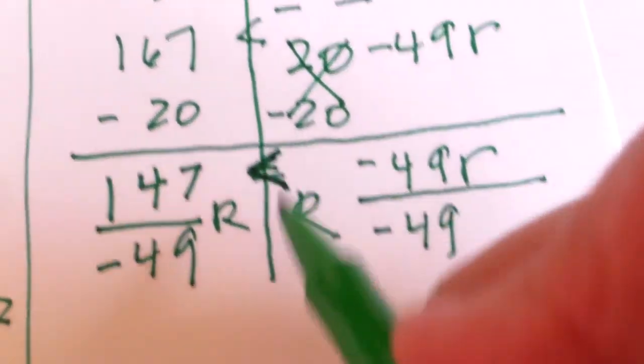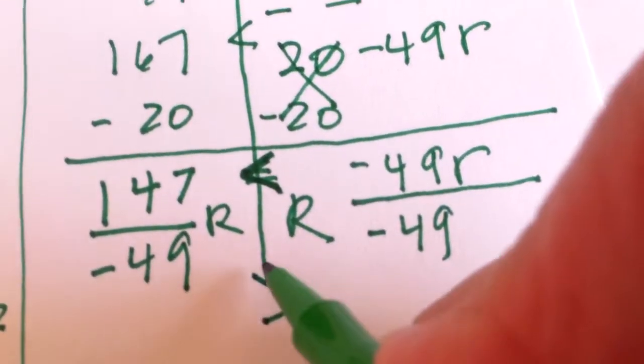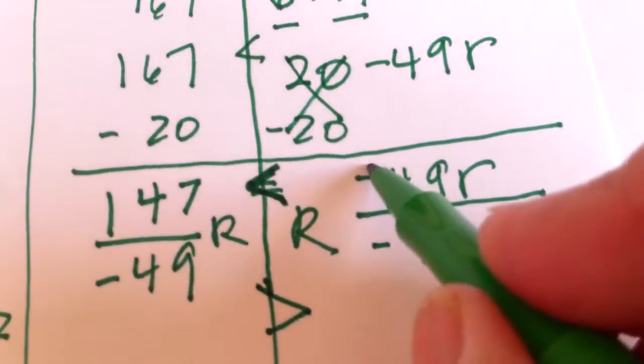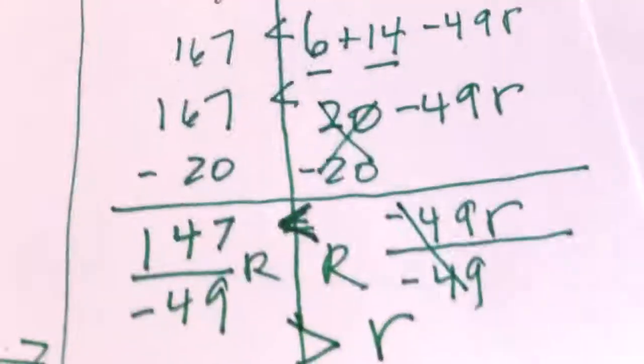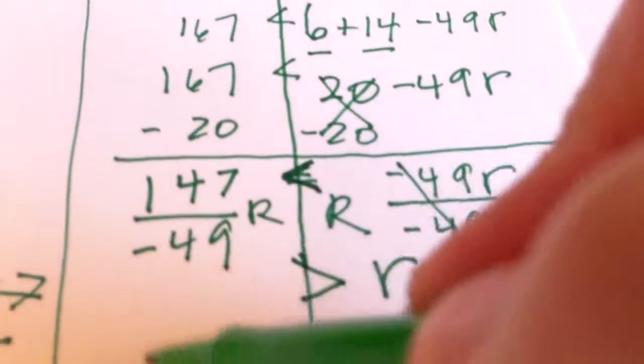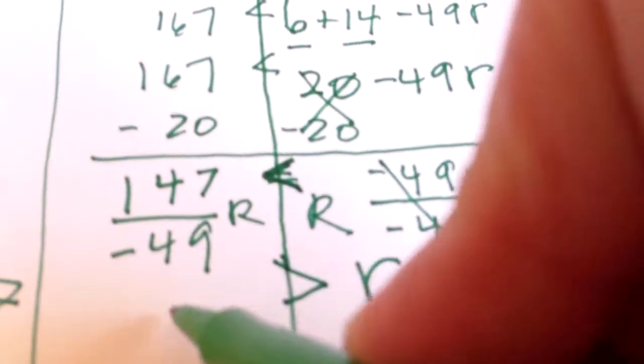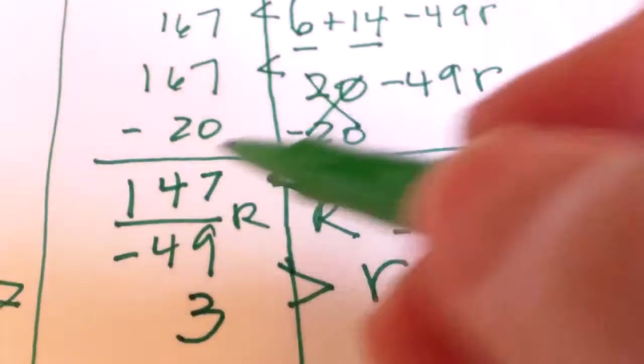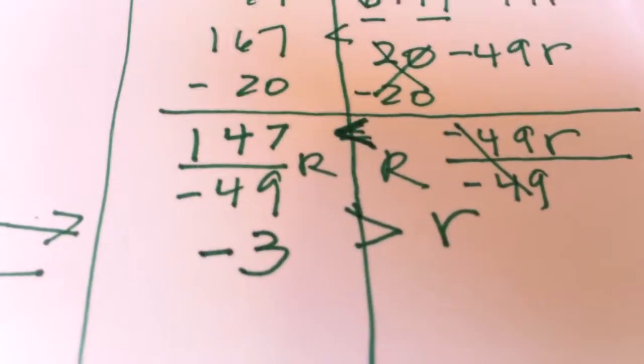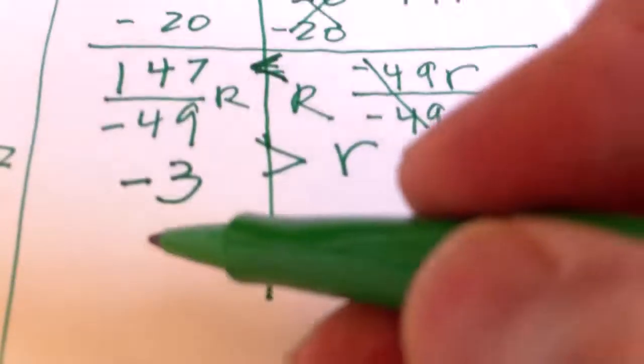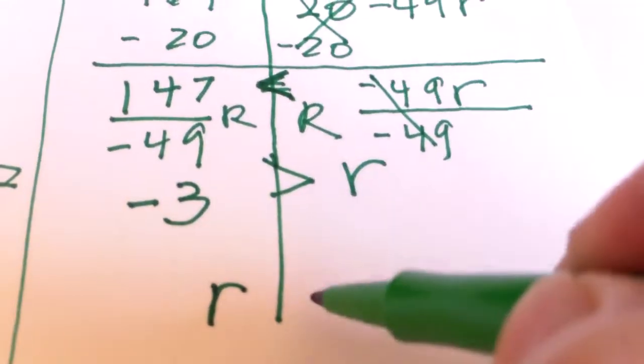I'm going to flip my inequality symbol because I'm dividing by a negative number, and I have r over here, and on the other side a positive divided by a negative is a negative, and I believe this is negative 3. That's really fabulous, and that is my answer, except that I want my variable on the left to make it easier to graph.